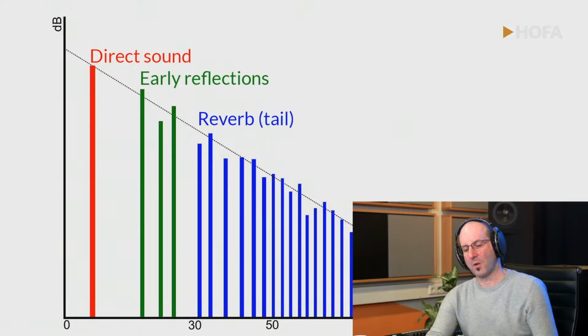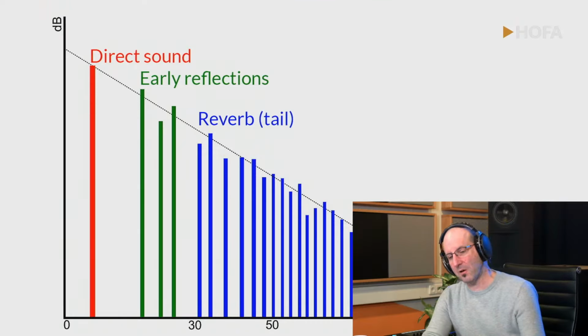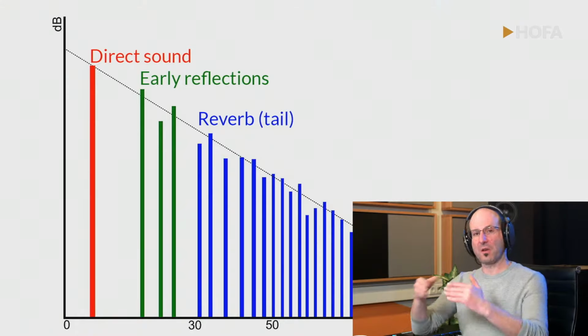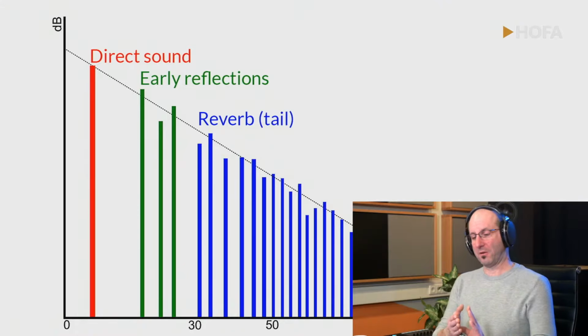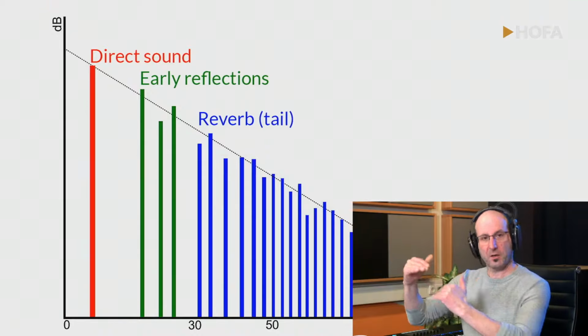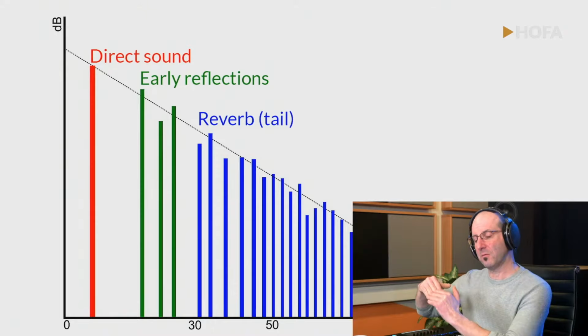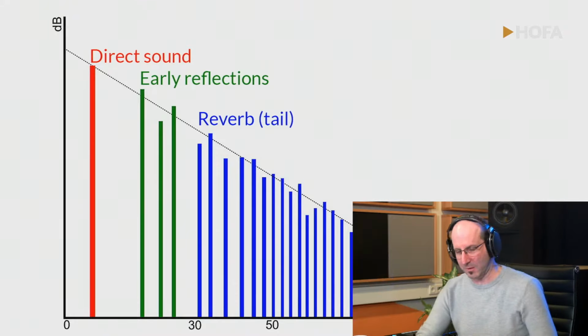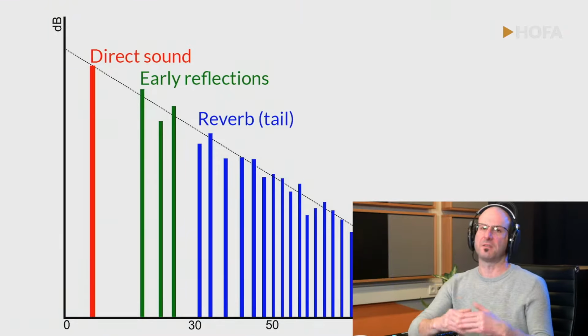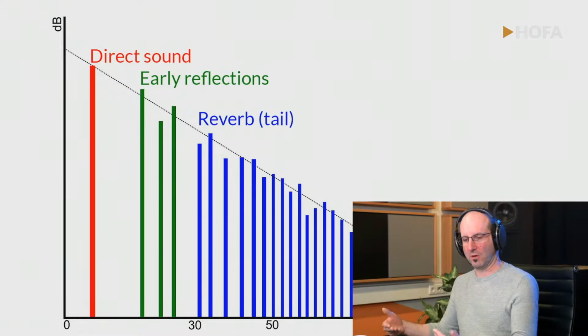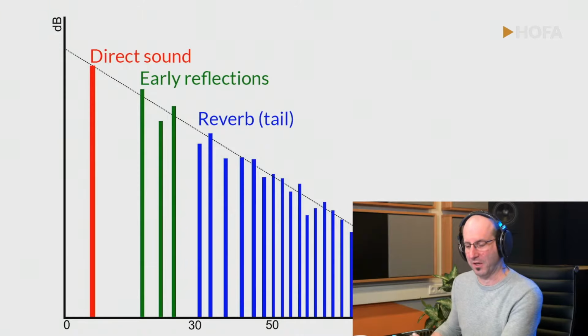And we can see the direct sound is the loudest signal, in most cases anyway. Then the reflections come after a short time, and they get quieter as time passes. And then after some time, 30, 50 milliseconds, the early reflections are moving into the reverb tail.